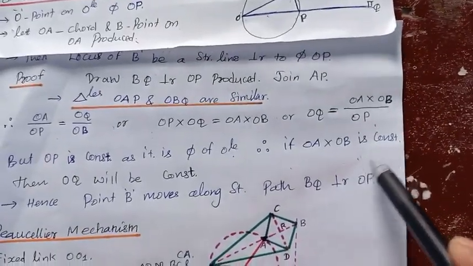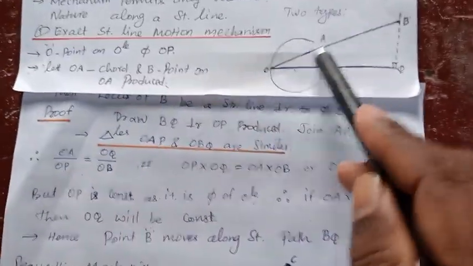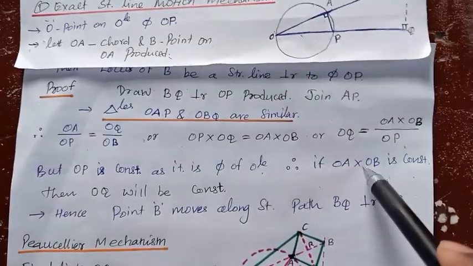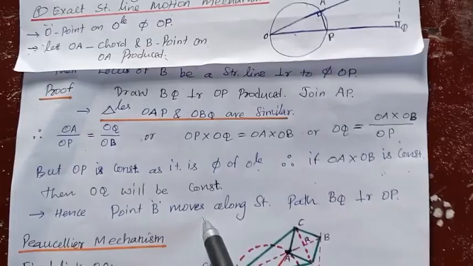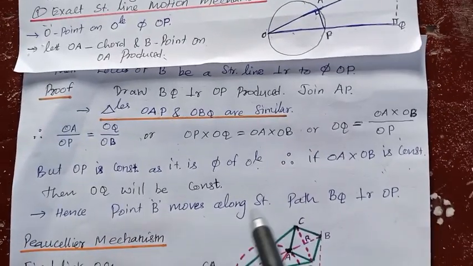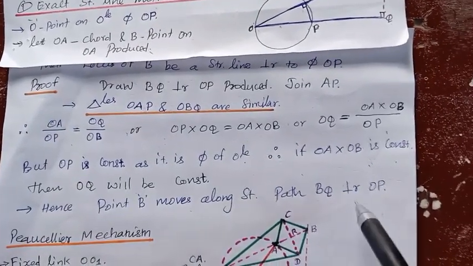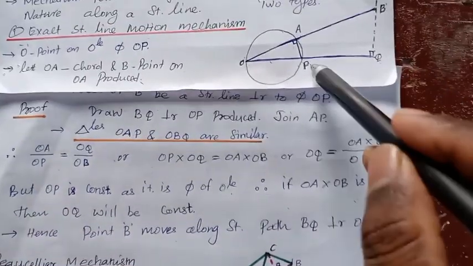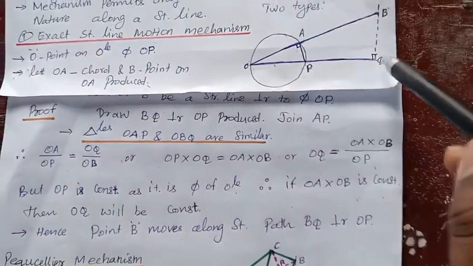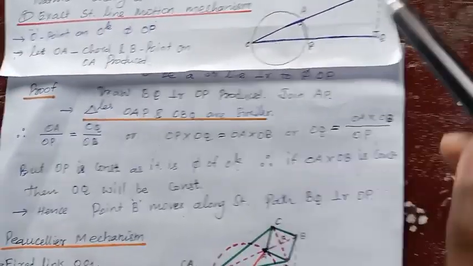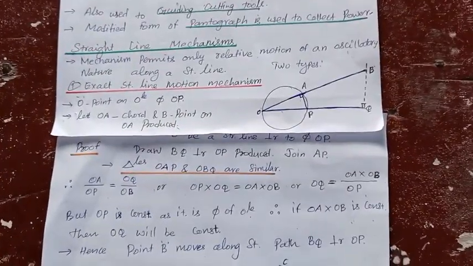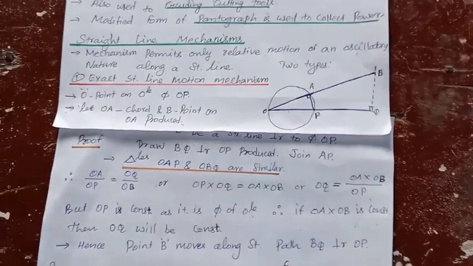Therefore, if OA into OB is constant, then OQ will be constant. Hence point B moves along a straight path BQ perpendicular to OP always. That is the idea. So, straight line mechanism.